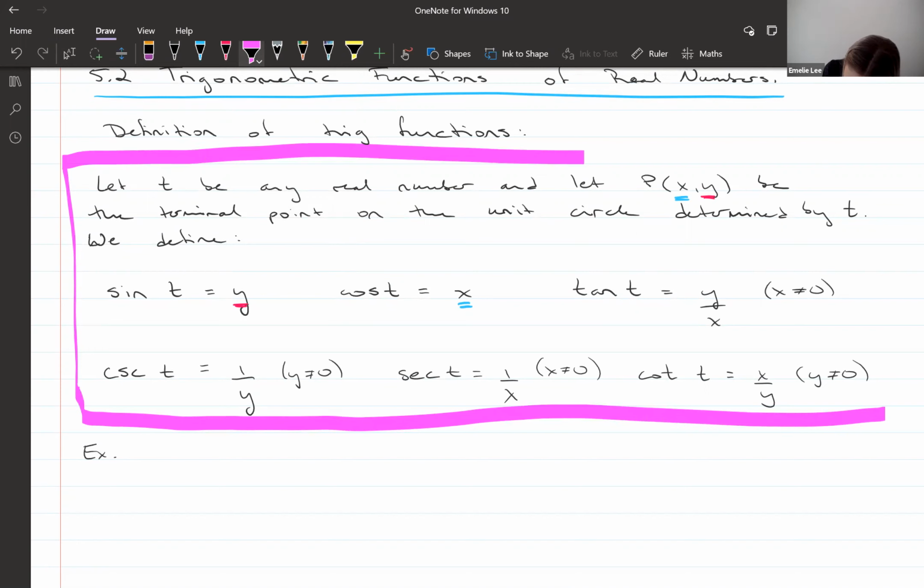It actually acts like a highlighter. You'll definitely want to have these handy, just like those terminal points that we established last day. You'll want to have this handy, and together we'll build all these different trig functions.